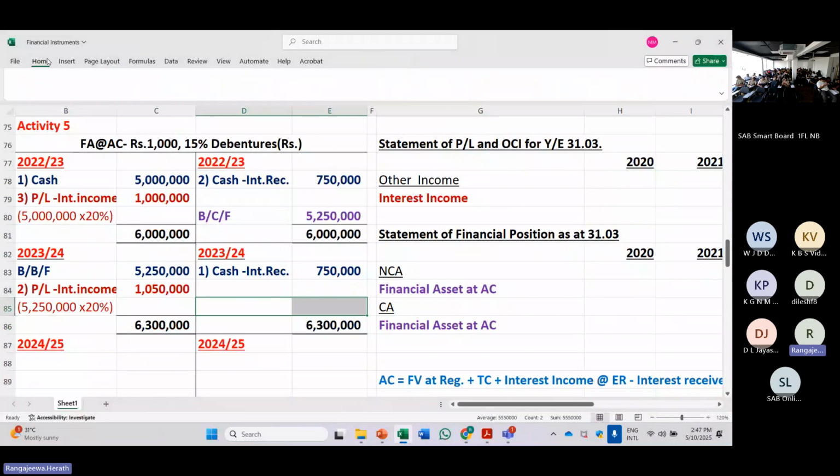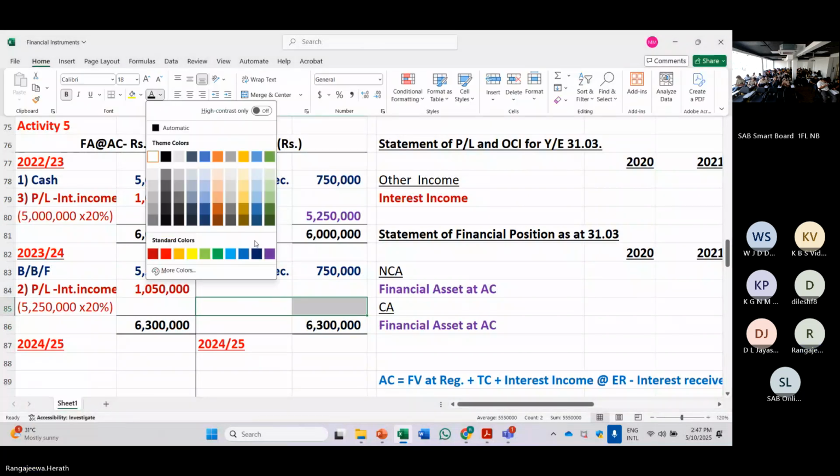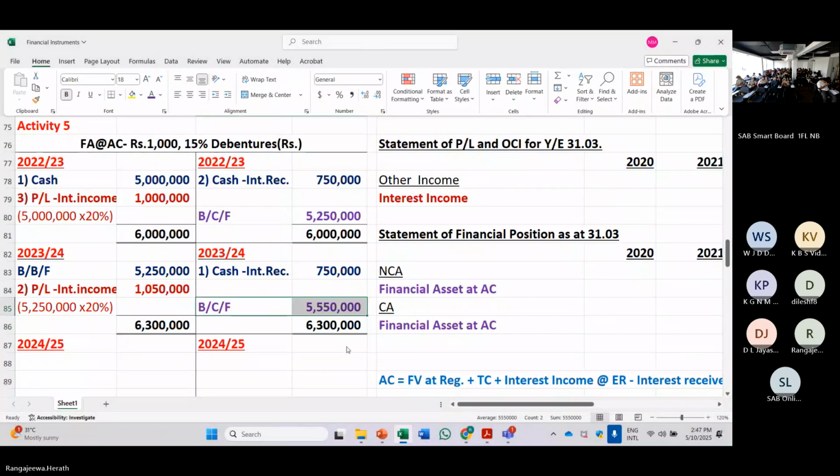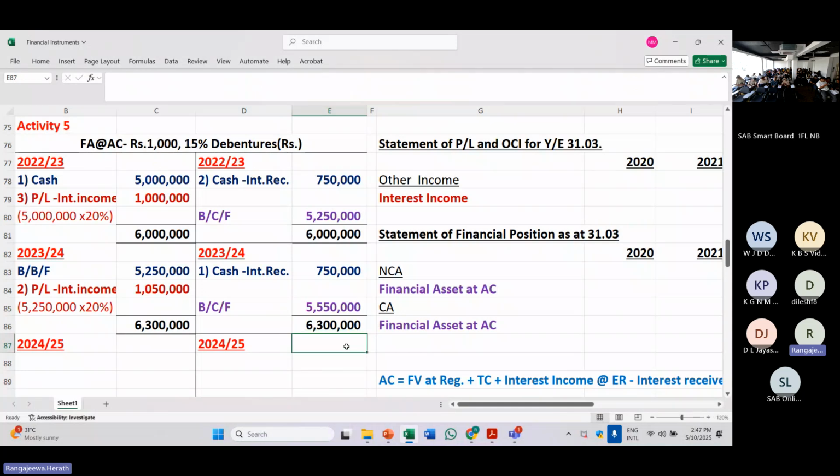So now you can find the balance carried forward. It becomes 5,550,000.